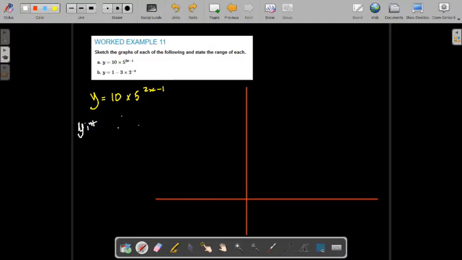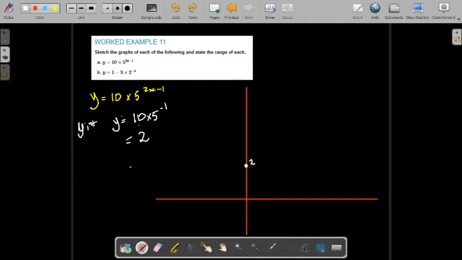That happens at x equals 0. So 10 times 5 to the 2 times 0 is 0, minus 1. So that's going to be at 2. So we cross here at 2.